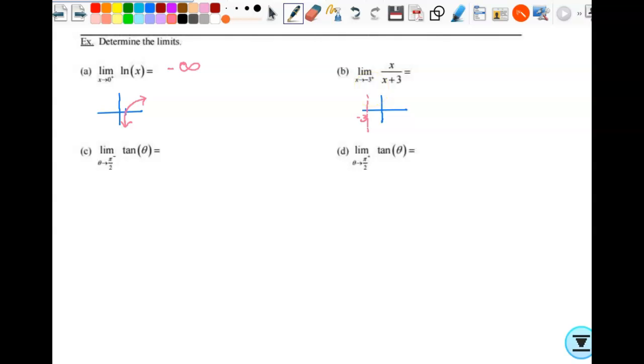So I know it's going to be infinity or negative infinity, one of the two. So we're going to do what we just did up there, and we have -3 from the right, so that'll be like -2.9, over -2.9 plus 3. That's going to give me negative over positive, which means it's negative, so it's negative infinity. So even though I don't know really what else is going on with this graph, I do know that it looks like this right here. Gives me that much.